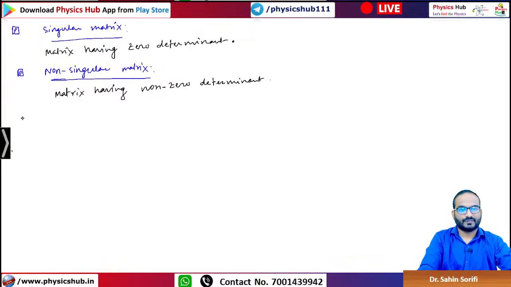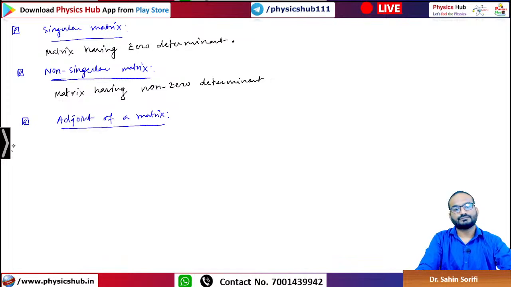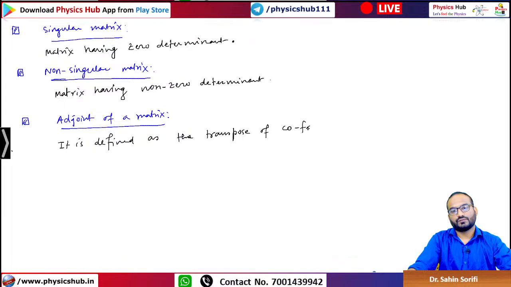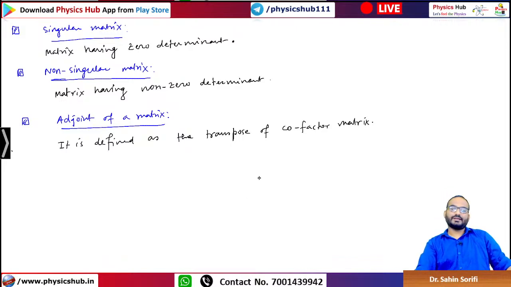Now, while finding the inverse, we will require the adjoint. How to calculate the adjoint of a matrix? The adjoint is found by finding the cofactors of a matrix. It is defined as the transpose of the cofactor matrix.